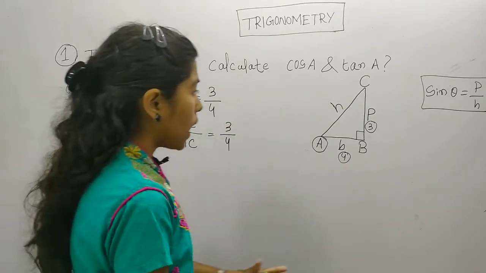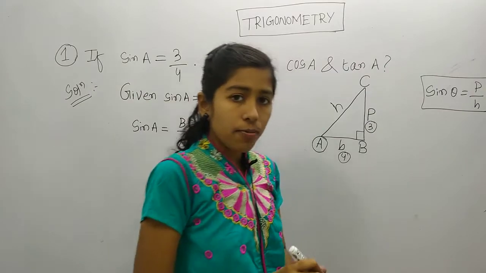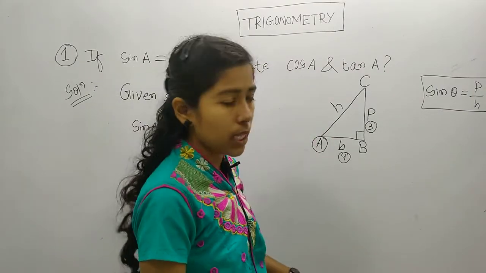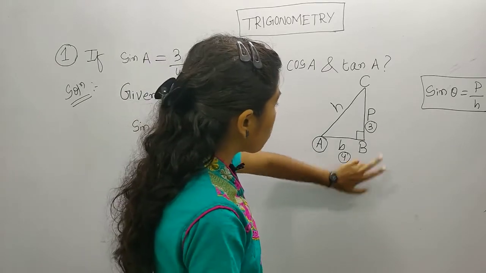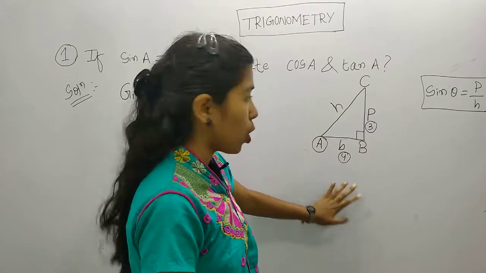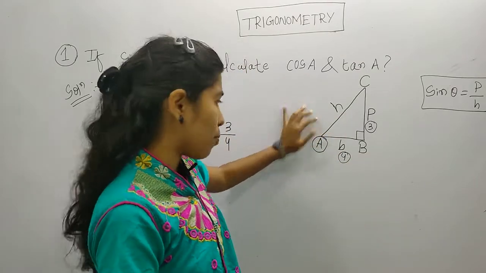Completed. Yesterday I said you have to first look at the triangle. What is missing here? Perpendicular is 3 and base is 4, so we have to find the hypotenuse.